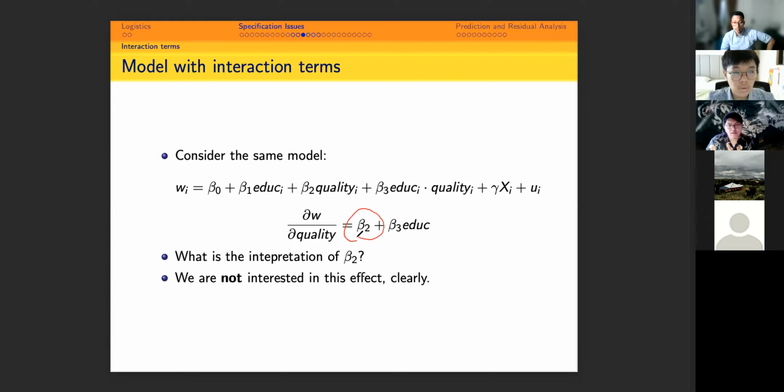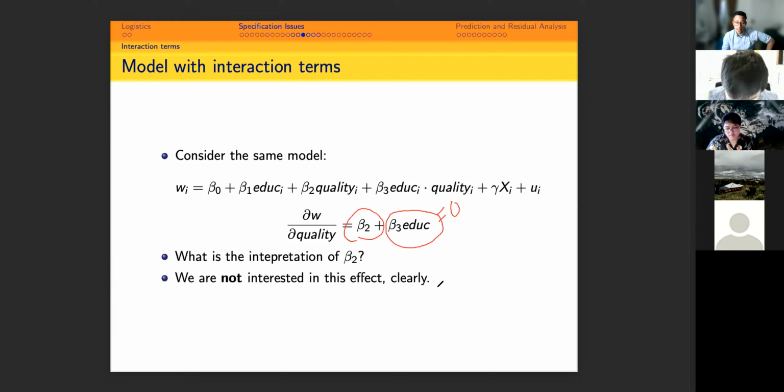Okay, all right, so very good, you're going in the right direction. I'm just going to polish it just a little bit. What we're interested in here is, again, very good, the return to quality. However, beta 2 actually suggests the return to quality among who? Among individuals with 0 level of education. So individuals do not go to school, they don't have any education, but at the same time, we also do not observe quality.